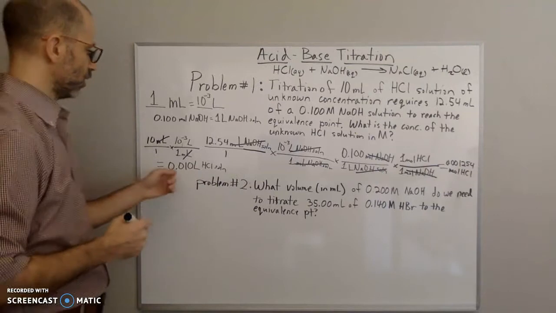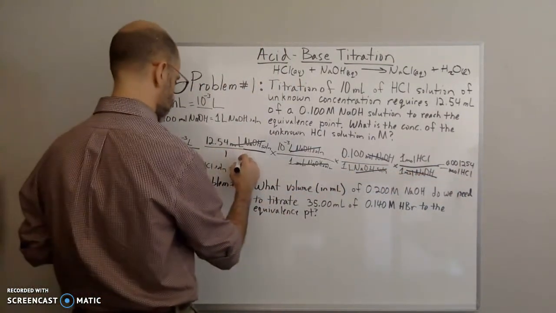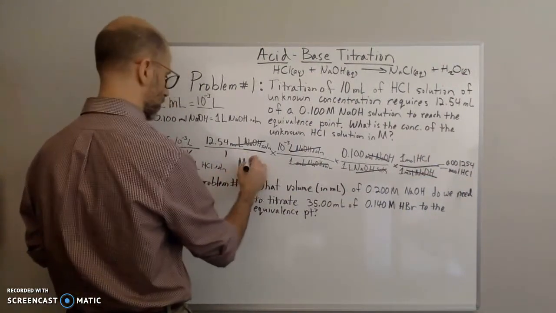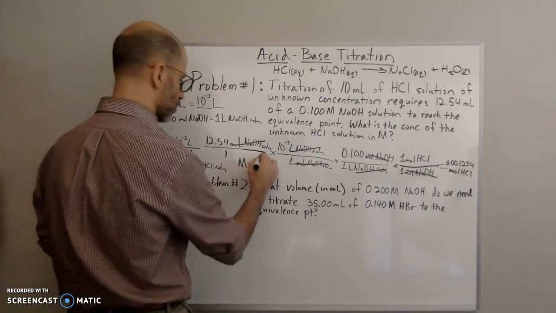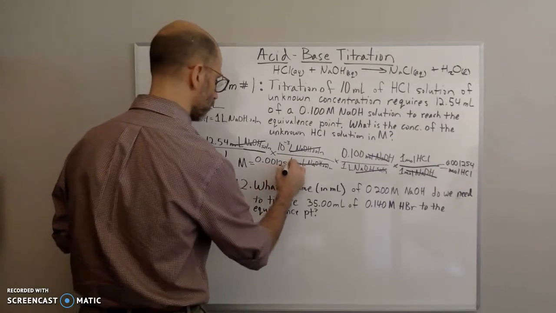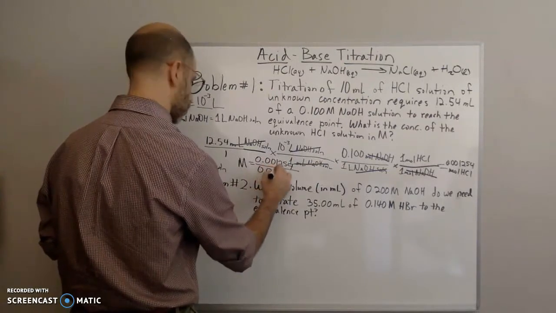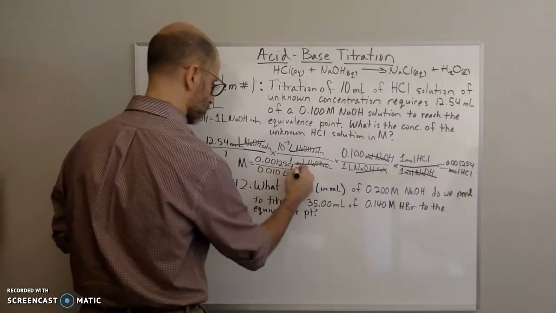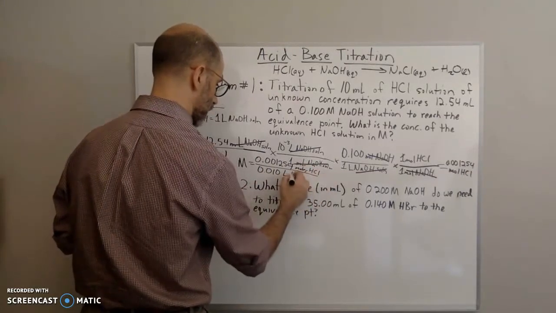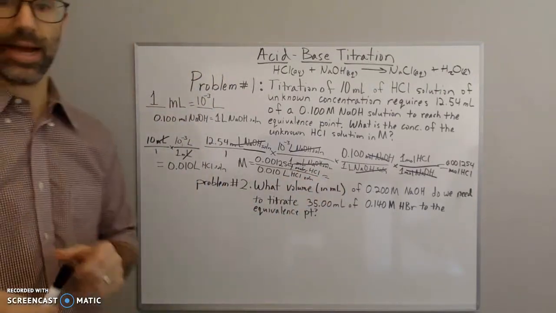And so to find molarity, all I do is I take the number of moles and I put it over the liters. So I have molarity of HCl is equal to 0.001254 divided by 0.010 liters, and this is moles of HCl. This is HCl solution, and then I calculate that out.